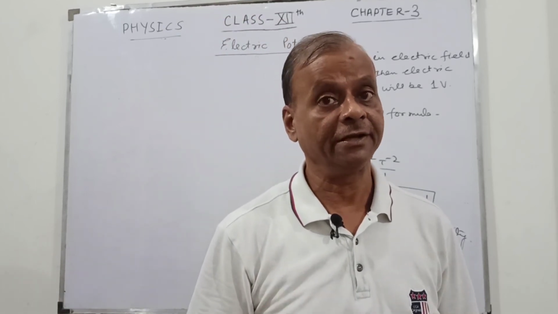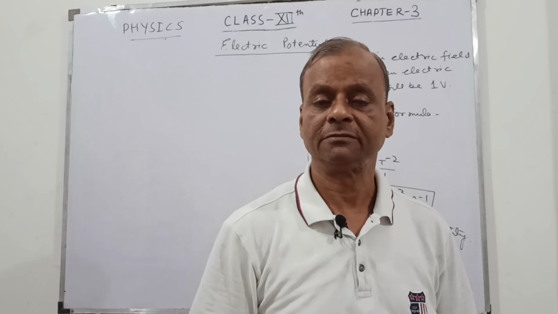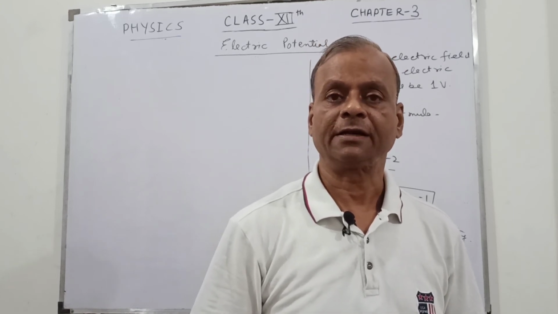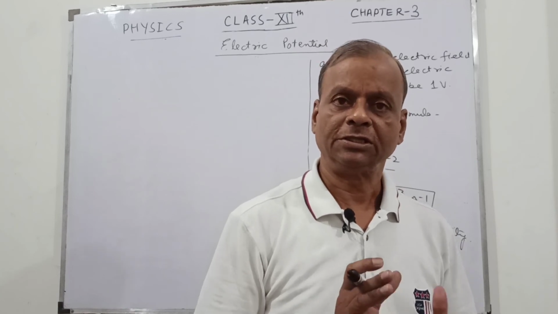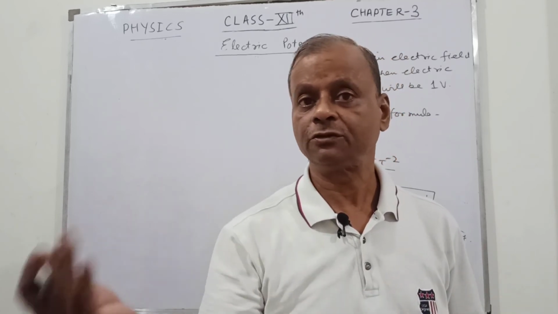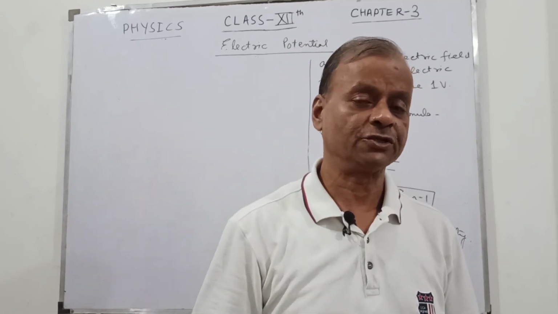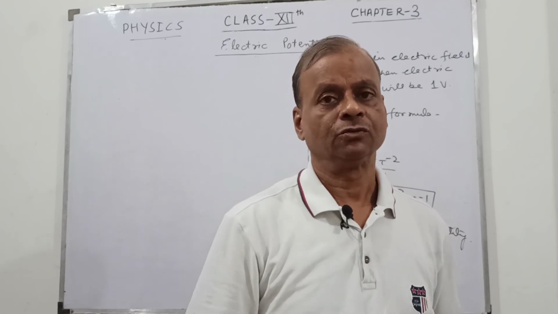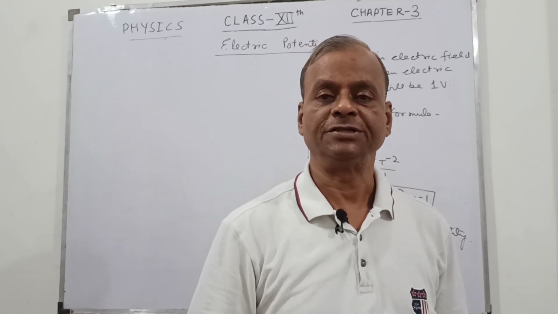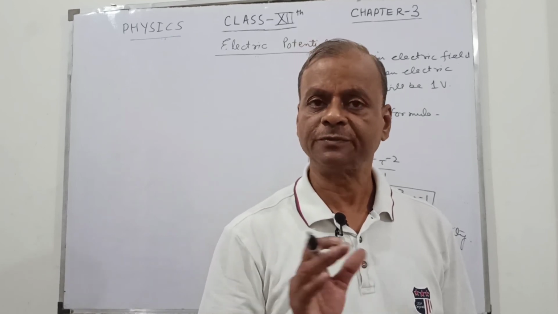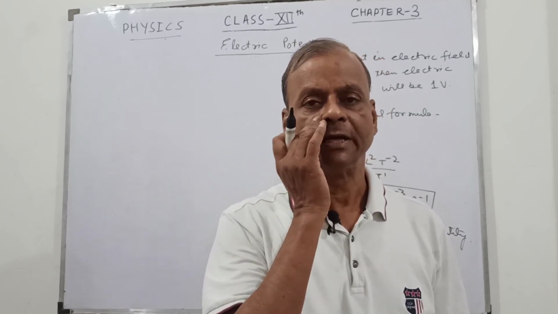Similarly, a charged ring also has the electric potential. So all the charged bodies have their own electric potential, whether outside, at the surface, or inside. It may be either 0 or something else, but it will have the electric potential.